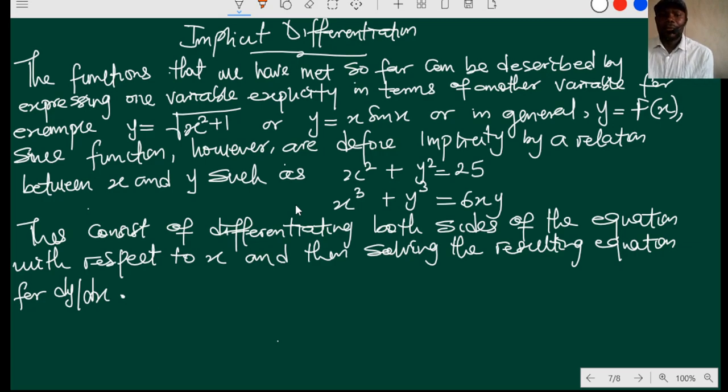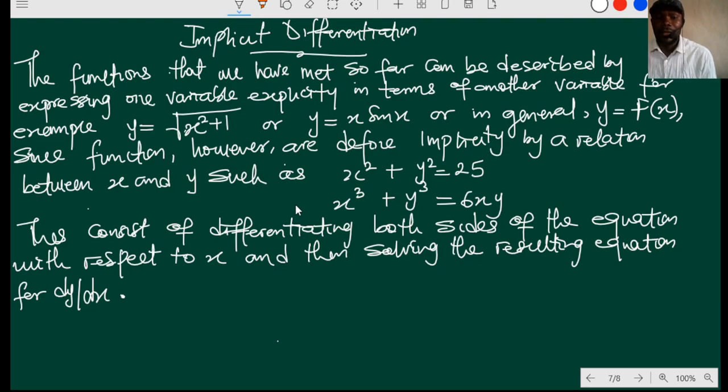Some functions, however, are defined implicitly by a relation between x and y, such as x squared plus y squared is equal to 25, or x raised to power 3 plus y raised to power 3 is equal to 6xy.